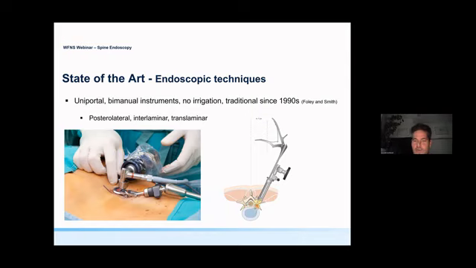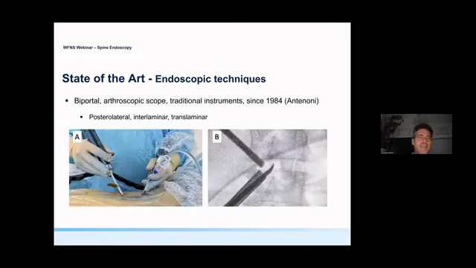Even though you can also perform fusion procedures using this technique, with an approach that is probably pretty similar to what we saw from Dr. Harrison Kim previously.